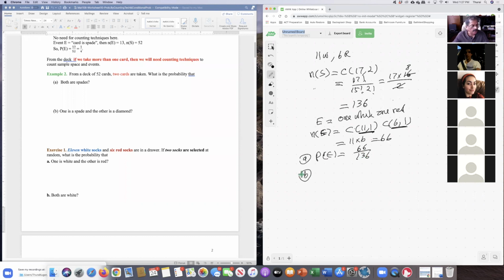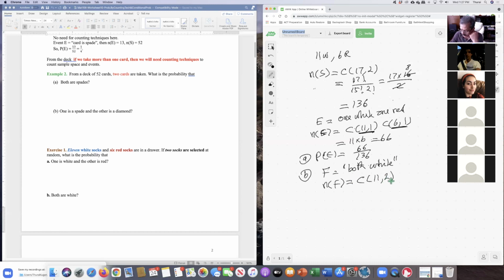Part B says both are white. What is the probability that both are white? Okay, so both white is our event, and we need to count this event. Can somebody tell me what that is? Combination of 11, 2. So both socks have to come out of the 11 white ones.